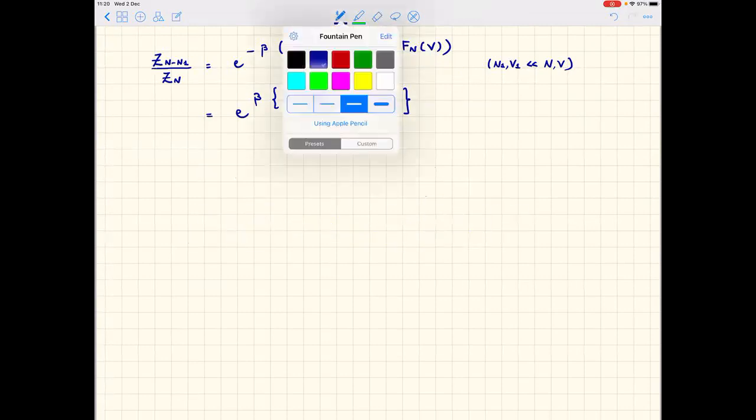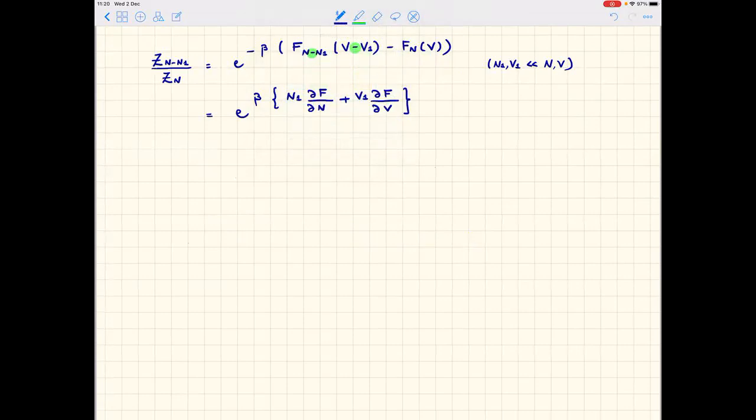So then now by definition, this is equal to e to the beta n1, dF/dN is the chemical potential, mu, minus beta, and minus dF/dV is the pressure.